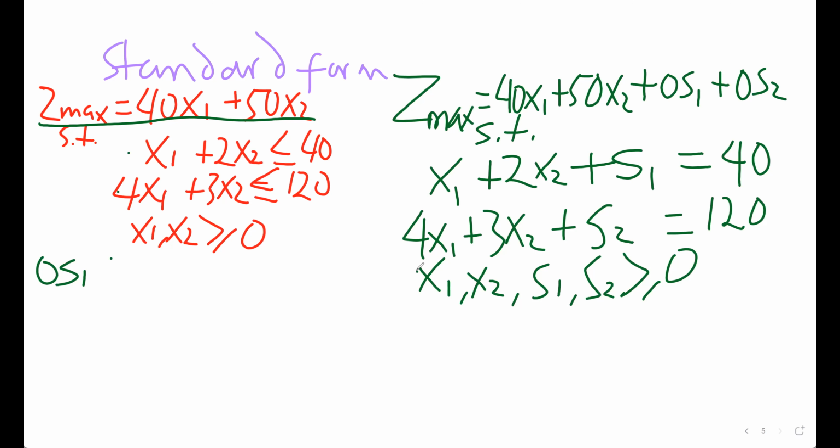Okay, Prof, to my understanding, when we write the other formula, we wrote S1 because of the non-negativity. Yeah, that's it. So what you're saying is that the slack exhibits non-negativity.